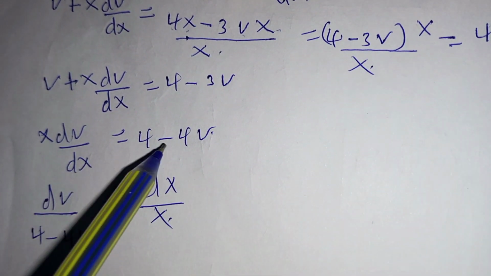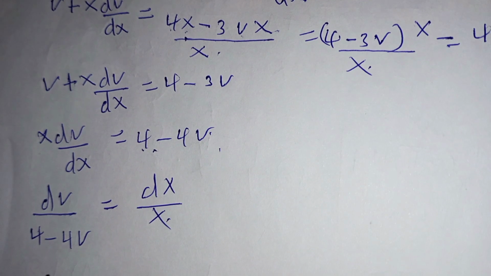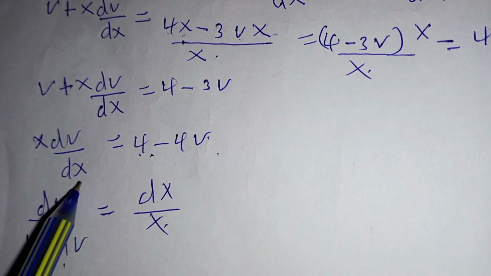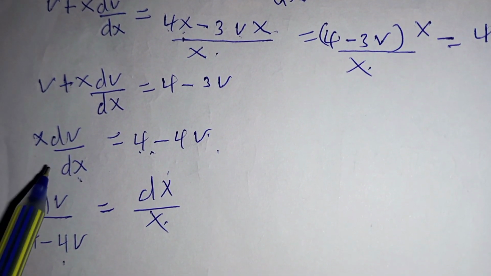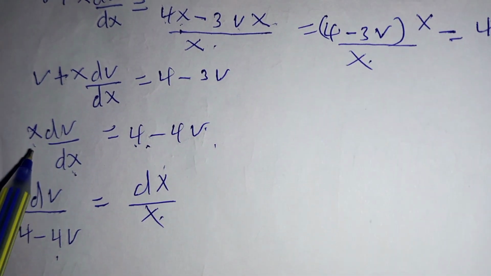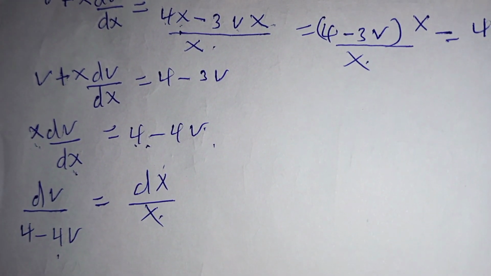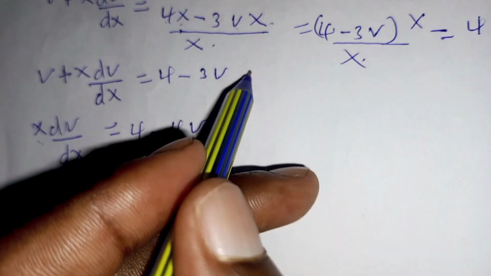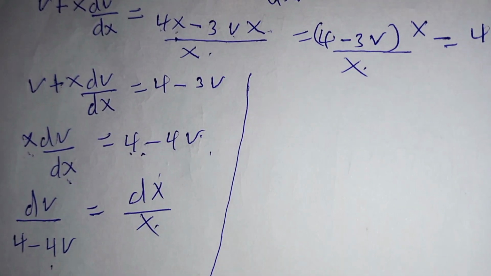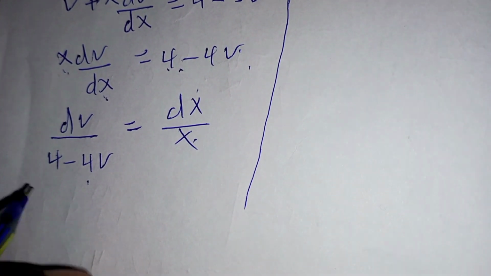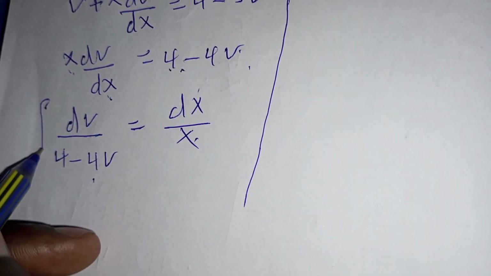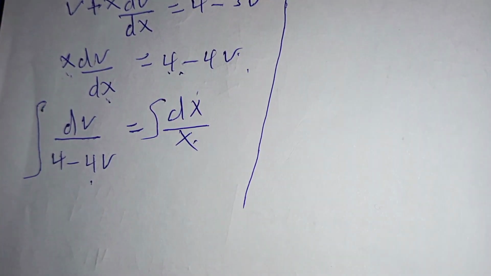You divide both sides by 4 minus 4v, and then you divide both sides by x and multiply by dx to get this. The next stage now is to integrate both sides.